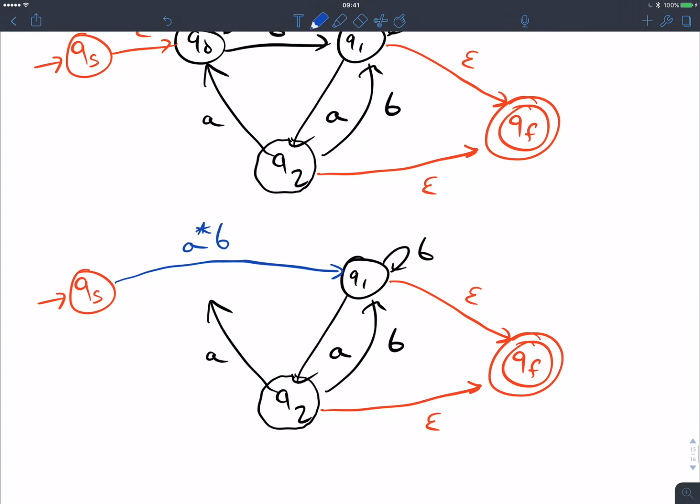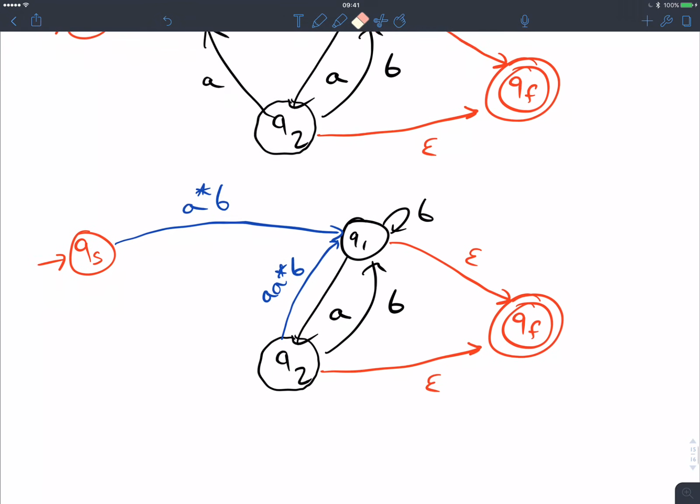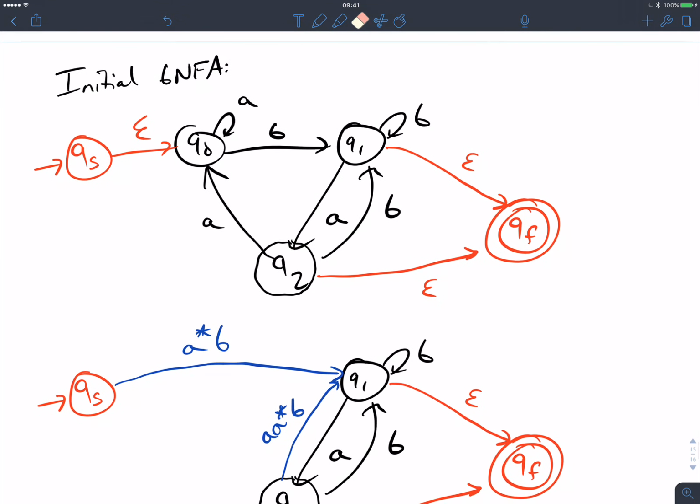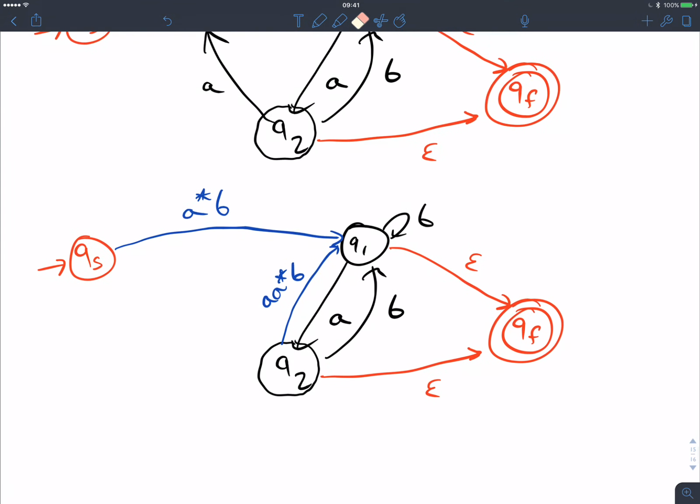A star, B. From 2 to 1. So A star, B. And remove this guy. Because there are 2 ways in and 1 way out, I make 2 transitions. All right. So I should call this rip Q0. Does it matter which order I do the ripping? No.